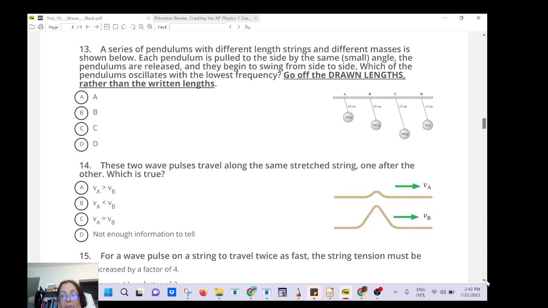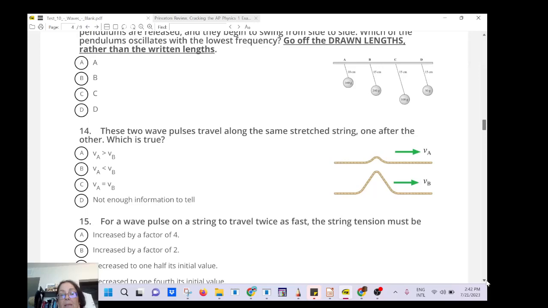Okay, so number 14, interesting also, a typical conceptual question. So those are two pulses, but this one has a small amplitude, this one has a large amplitude. So which one will travel the fastest?